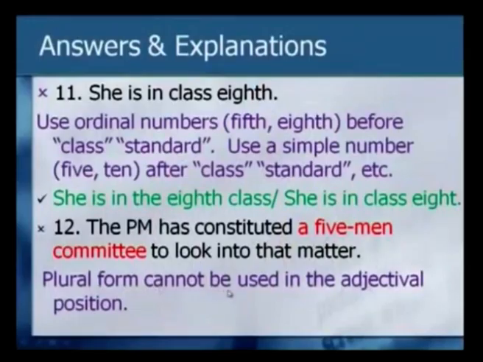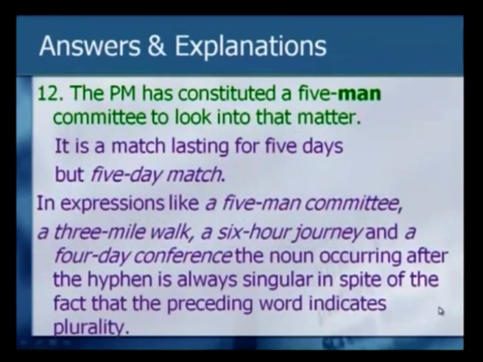The plural form cannot be used in the adjectival position. What is the plural form? The plural form here is a 5 men. The correct form will be a 5-man committee, because plural form cannot be used in the adjectival position. Look at the explanation. The correct form is the PM has constituted a 5-man committee to look into that matter.